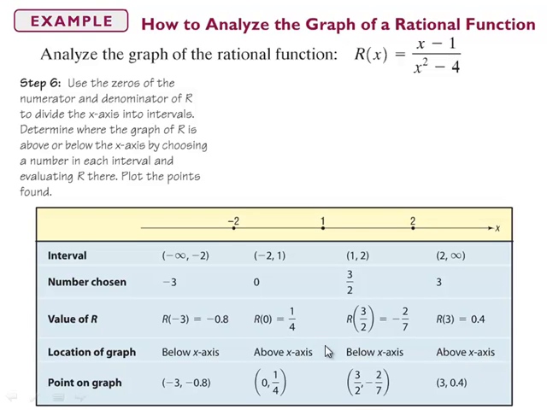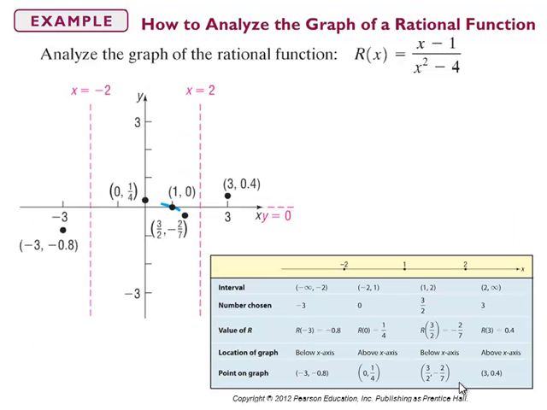And see, these are 4 points which we could plot on the graph. So let's go ahead and plot those 4 points, and you see them right there, and right there, right there. I think we're missing one in this interval.